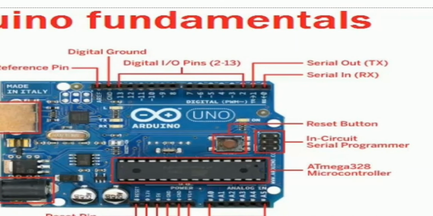Serial in, serial out: if I want to do any communication, interfacing Arduino to Arduino, if one Arduino wants to talk with another Arduino, I can use the transmitter and receiver pins, which are inbuilt pins in Arduino, as well as a reset button. By using the reset button, I can reset the entire program.